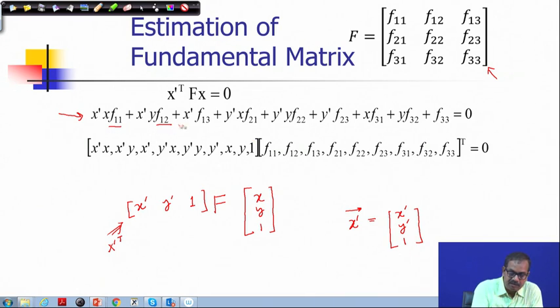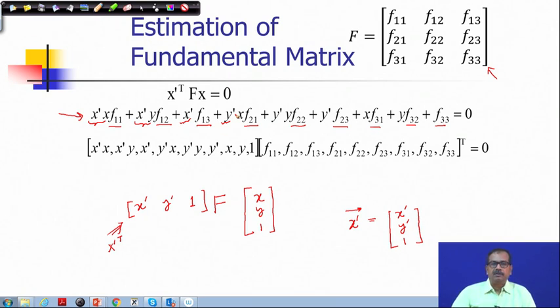These are the unknown parameters in our case, and given the observations, these values we already know, because that is what is given to you.